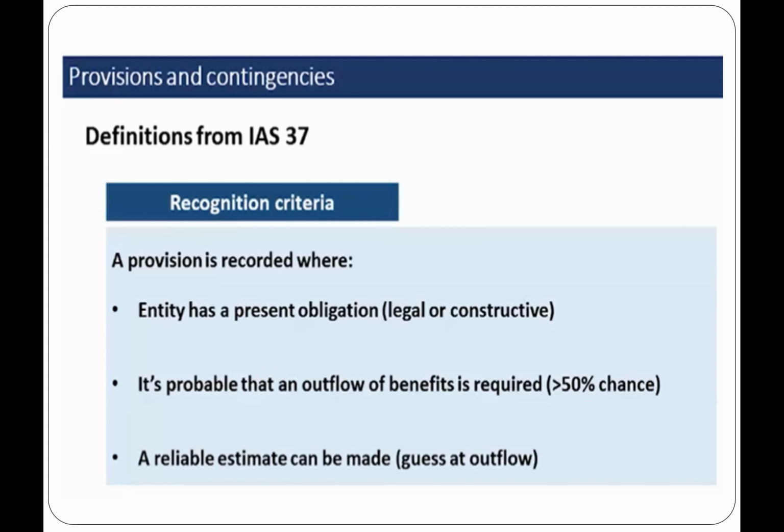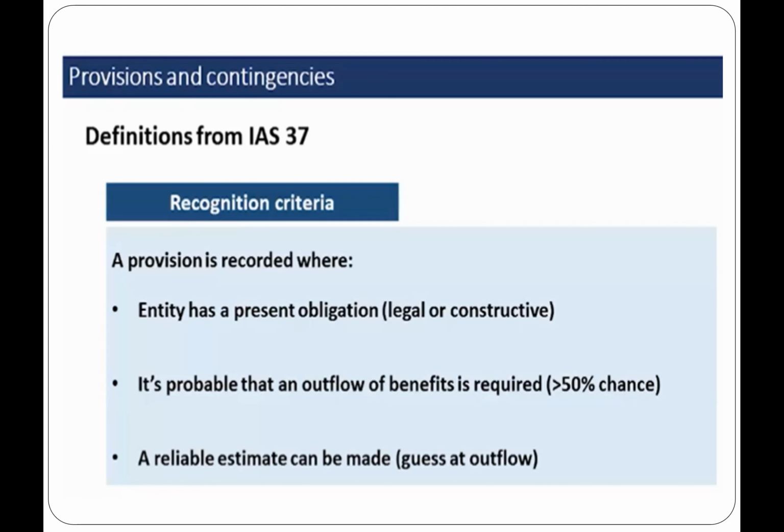Then if that condition is satisfied, we move on to the second condition, which is that it is probable that an outflow of benefits is required. Because if we are not expecting any money to be paid, then it ceases to be an obligation, because there is no money involved, or there are no goods that are worth something that you may need to give to someone to satisfy the obligation that we talked about.